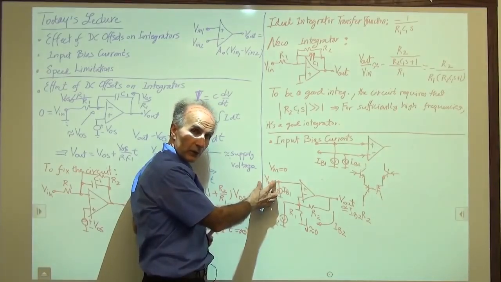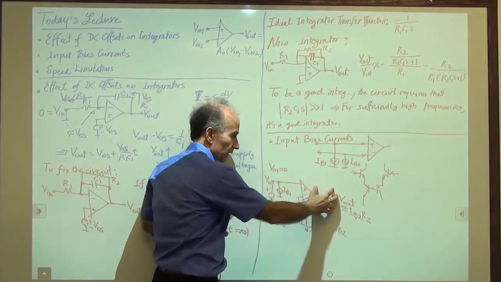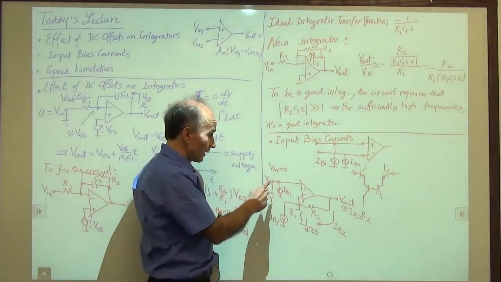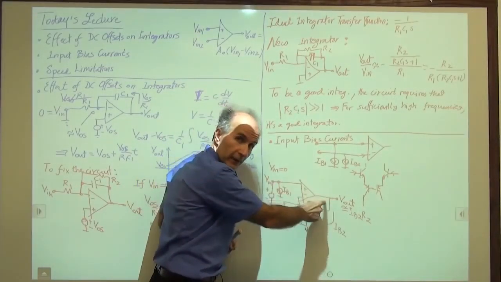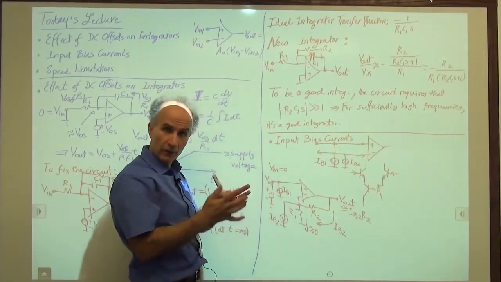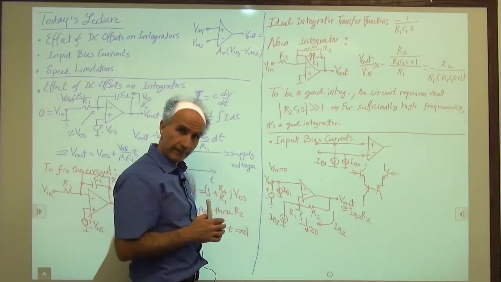I know that this voltage source will be amplified by some factor and comes out. And if I pick the polarities right, maybe this voltage source, after amplification, is exactly minus this, so they cancel each other and the output is 0.